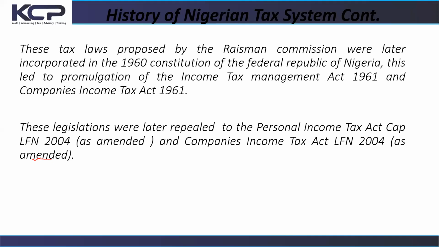These legislations were later repealed, so we have the Personal Income Tax Act of 2004 as amended. It has also been amended as we speak today. The latest amendment as per the act itself was in 2011.